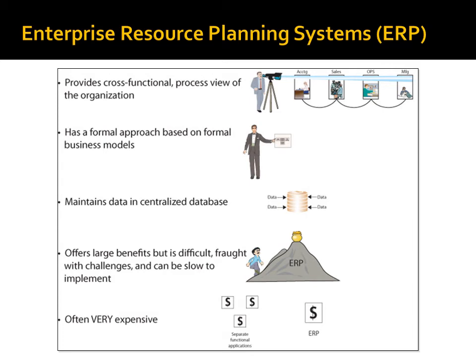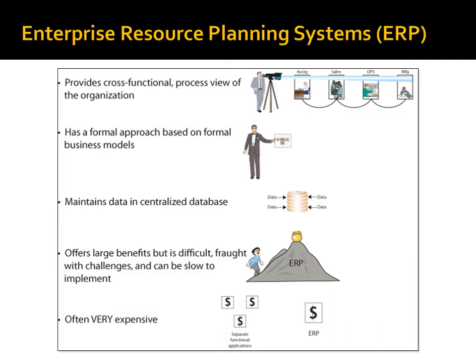So here's a different, more visual way of looking at it. We've got a good cross-functional view of the whole organization: accounting, sales, operations, marketing, all the different business functions. We've got formal business models that are articulated and clearly defined business processes, and we can share those, and people can now work a slightly different way.